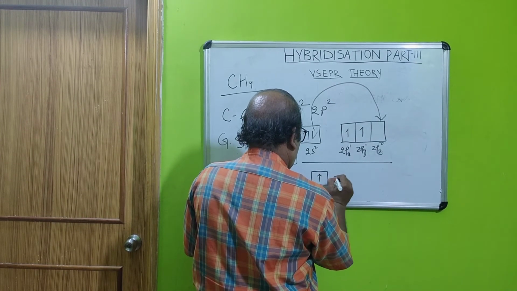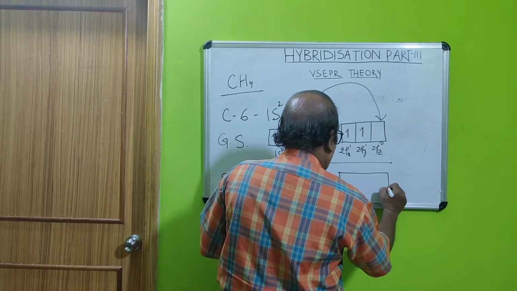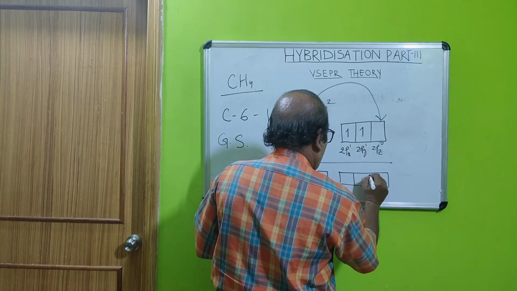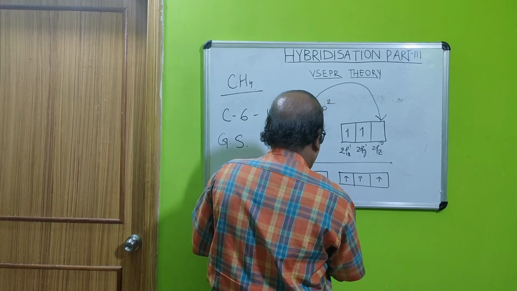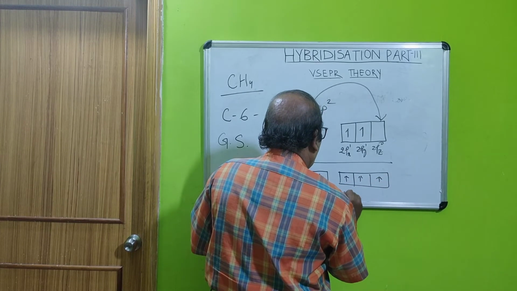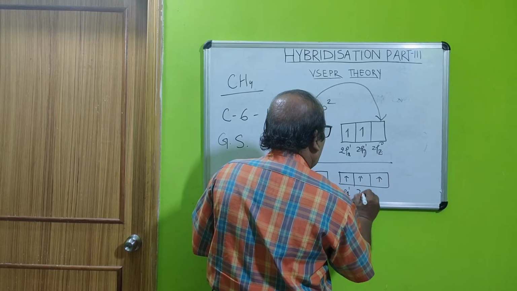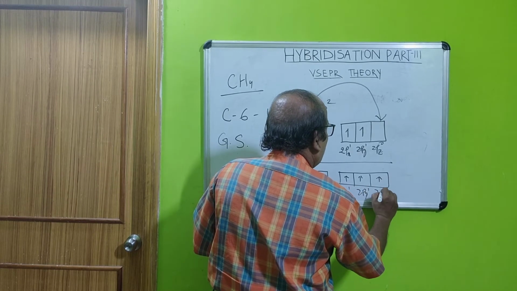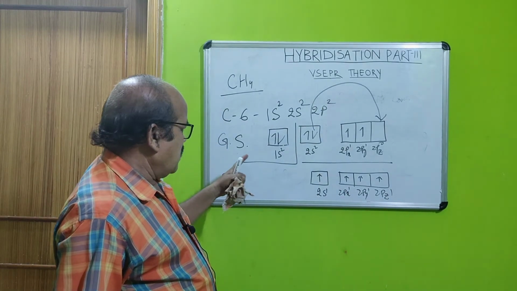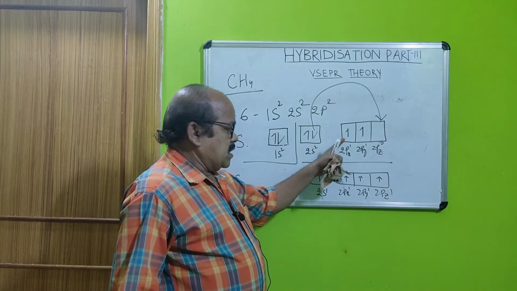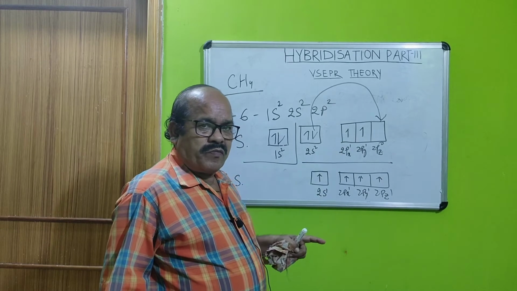Here there is one 2s1, 2px1, 2py1, 2pz1. In the ground state, it has two unpaired electrons.